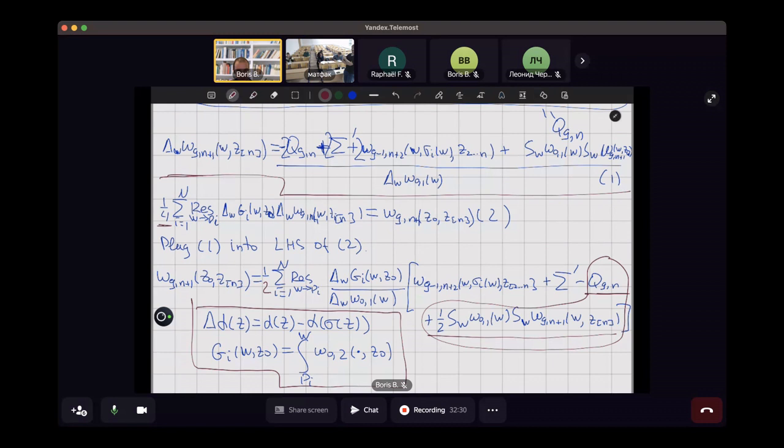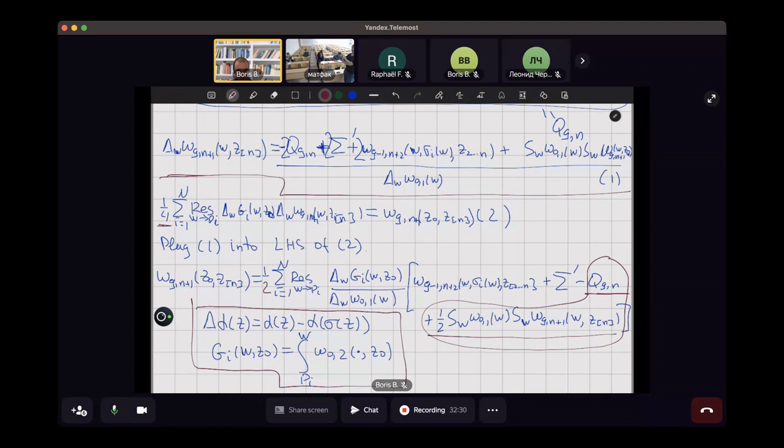Could you write the formula for delta G? The numerator there, we computed it already on the second lecture.